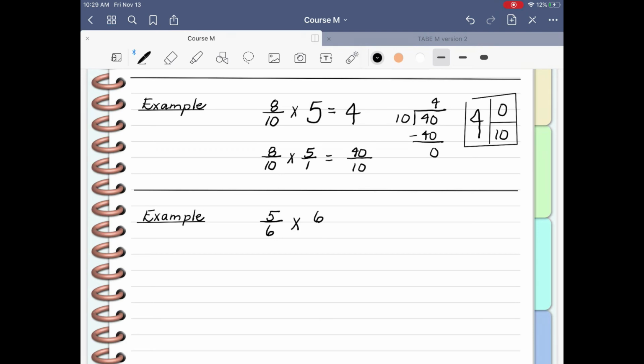So I'm going to put a 1 under the 6 and then multiply. Again, if you know the shortcut, you can use it. This is a good one to use it on. 5 times 6 is 30, and 6 times 1 is 6. And then QRD this one.